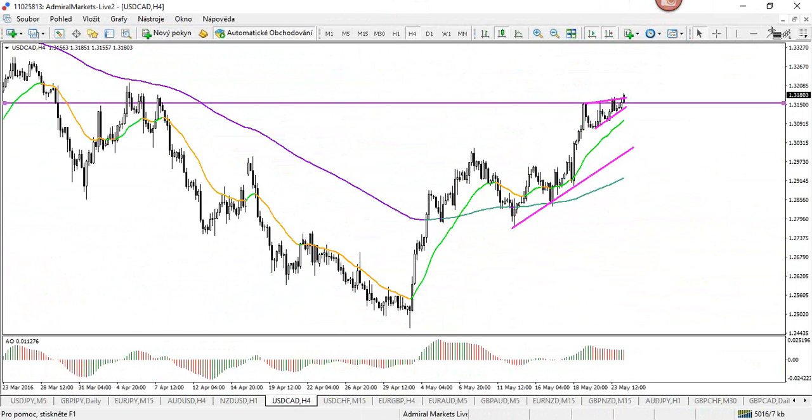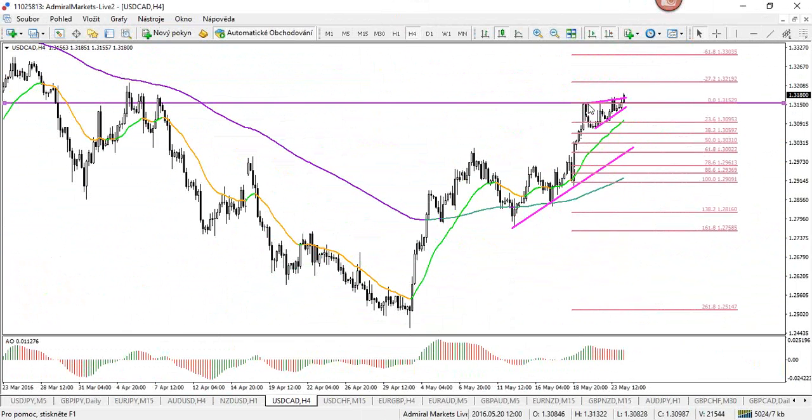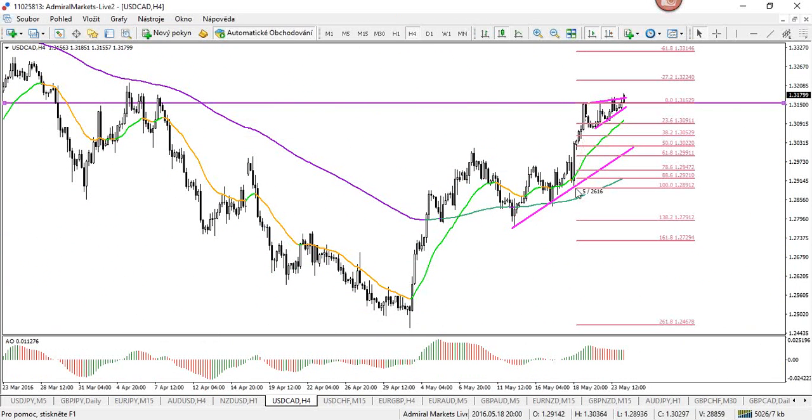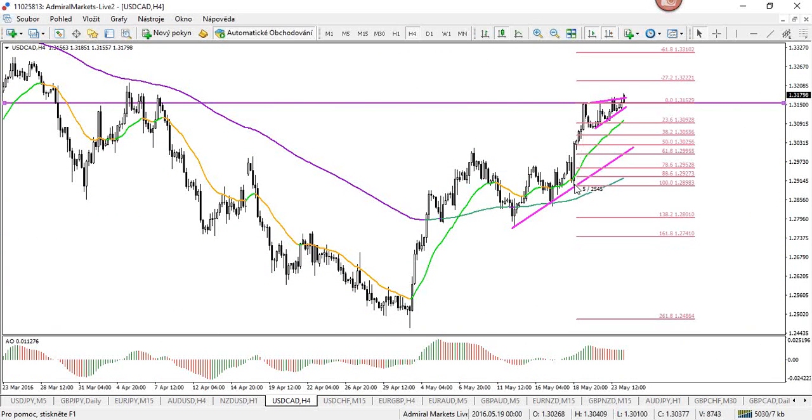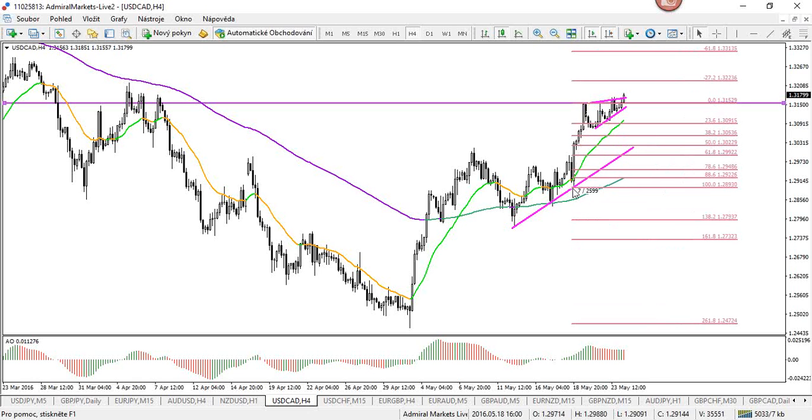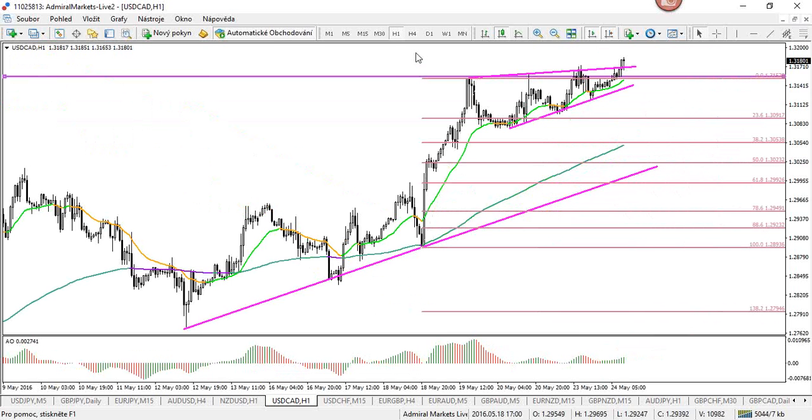Now, also important to note is that however we put the fib on, it had a very shallow retracement. There we go, 23.6 fib. So that does look like a breakout to the upside on this dollar CAD, and I think that there's a good chance of price continuing to the upside.